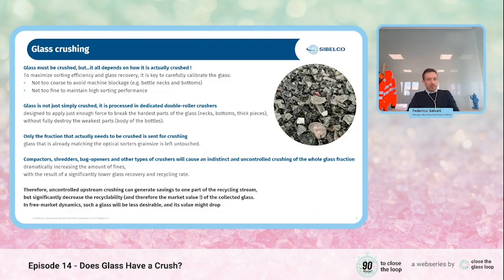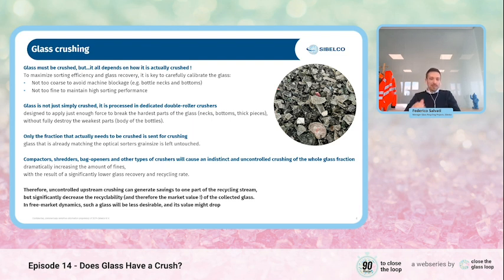Then the big topic of today's discussion is the effect of crushing the glass before it reaches our recycling facilities. Of course, like you said, Jean-Paul, in the introduction, the glass at a certain point in the production flow will be crushed, but it all depends on how it is actually crushed.